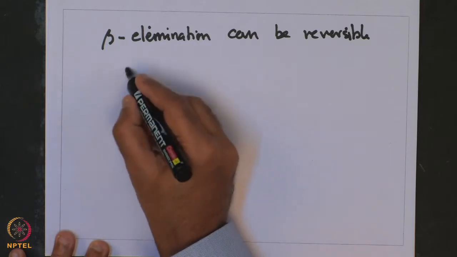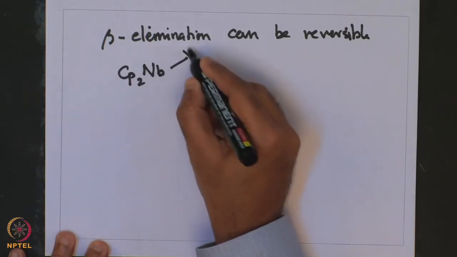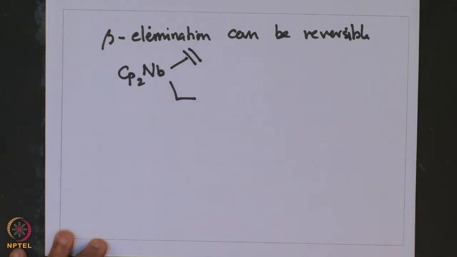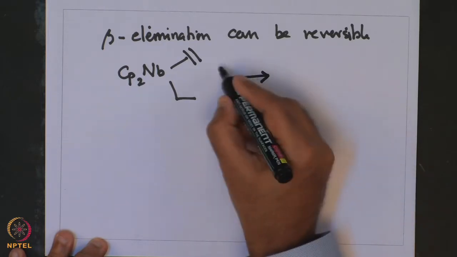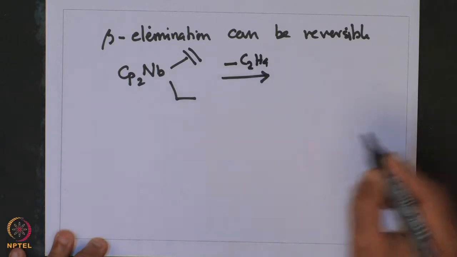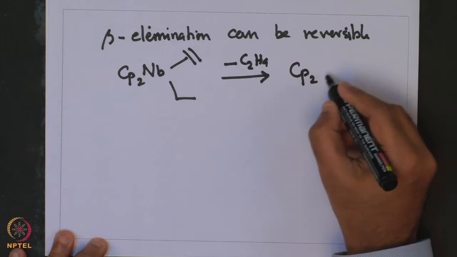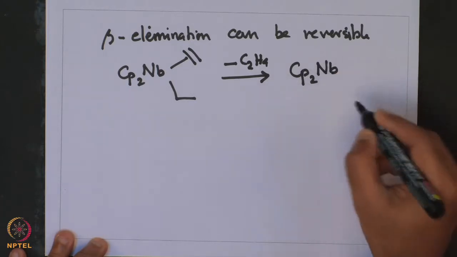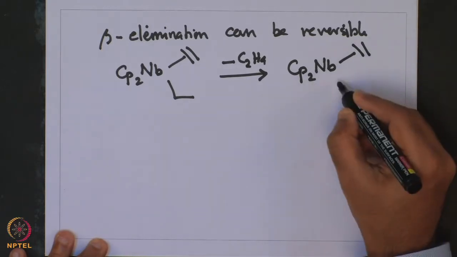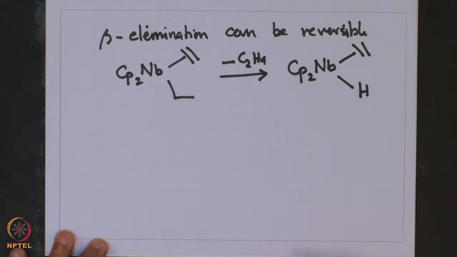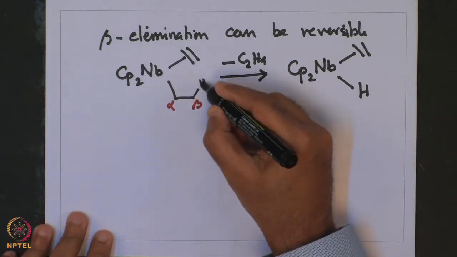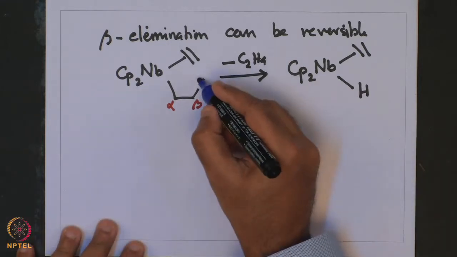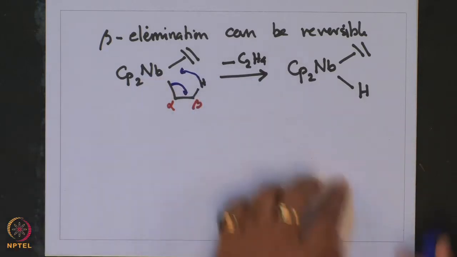For example, in this Cp2Nb(C2H4)ethyl complex, it loses this olefin to give the corresponding hydride complex, in which the olefin is lost from the ethyl moiety and this beta hydrogen gets incorporated into the niobium.